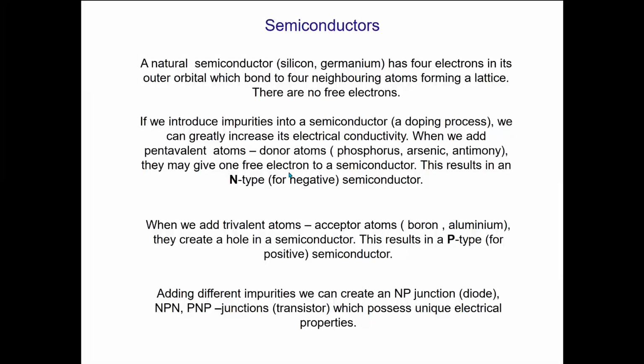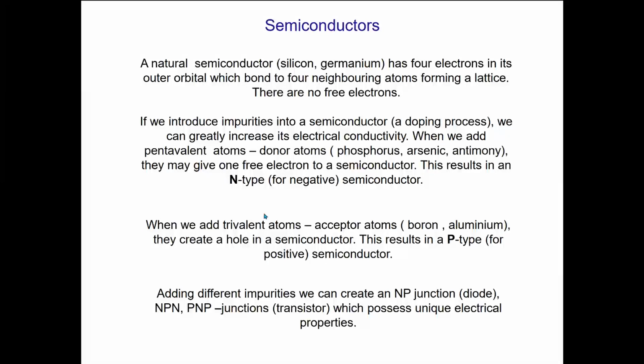Okay, so 1 electron out of 5 cannot bond, and as a result, there will be free electrons in the semiconductor. This results in an N-type, or negative, semiconductor.